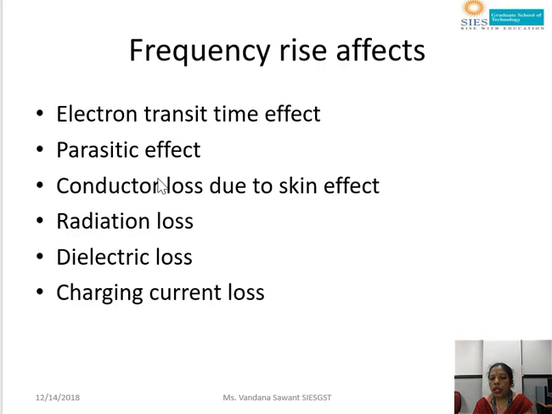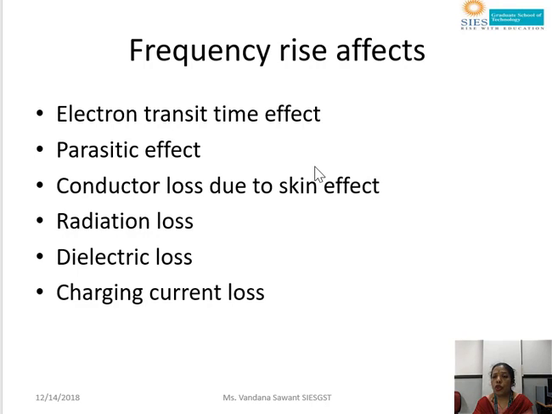The second one is the conductor loss. As the frequency increases, the conductance is directly proportional to the square of the frequency. So as the frequency increases, the conductance increases.